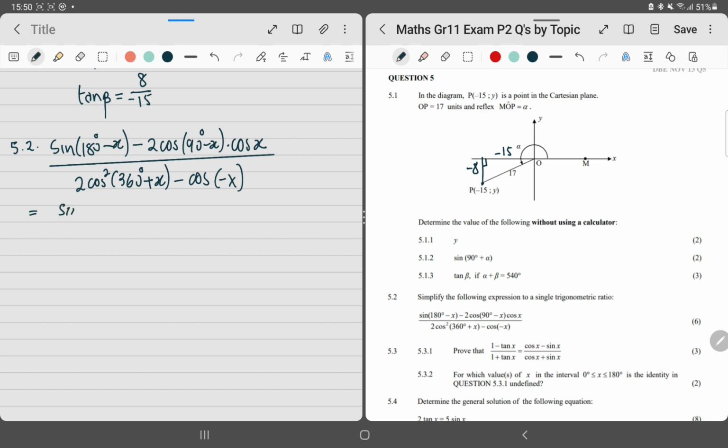In the second quadrant, sine is positive, minus 2. 90 minus is in the first quadrant. Cos is positive there. But because I've used a 90, this will change into a sine.